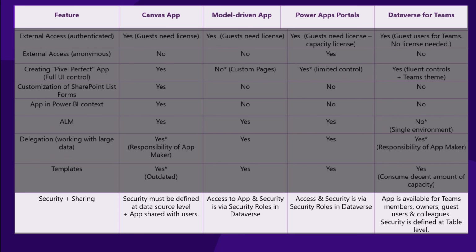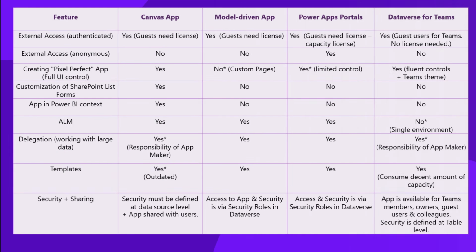In case of model-driven apps and PowerApps portals, the access to app and security is through security roles. And in case of Dataverse for Teams, you are limited to Teams owners, members, and guest users. The security in case of Dataverse for Teams is defined at the table level.